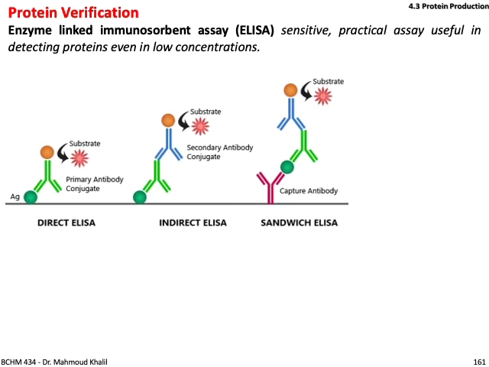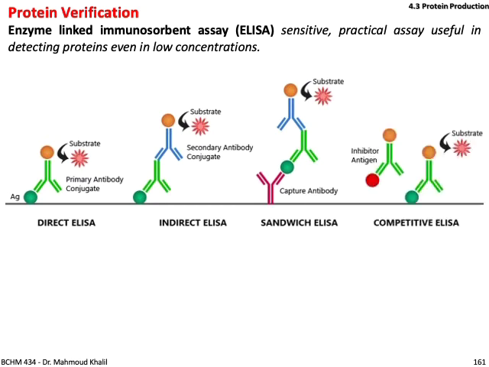You have a sandwich ELISA. In this case, the scaffold has an antibody which is specific to your protein of interest, and then you use the primary antibody and then the secondary antibody conjugated to a reporter that gives signal with the substrate. Then you have the competitive ELISA.